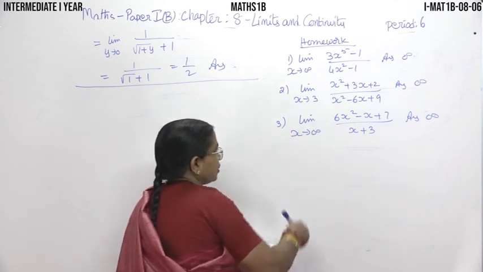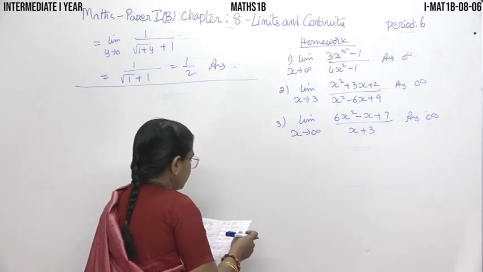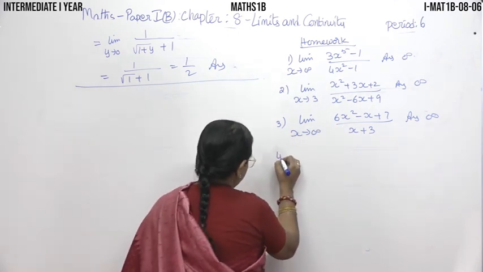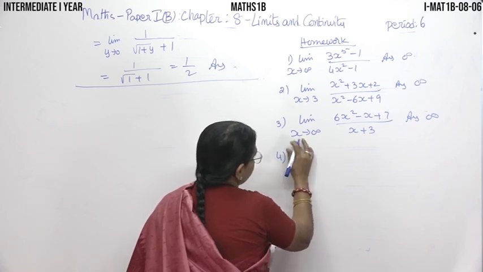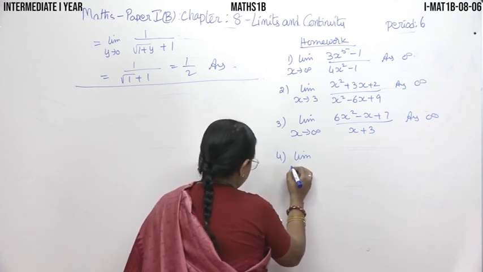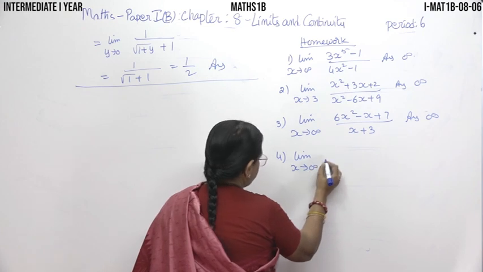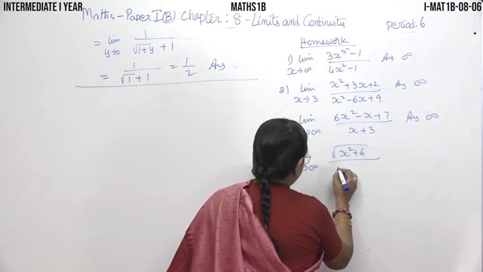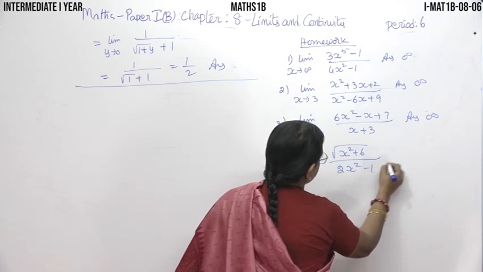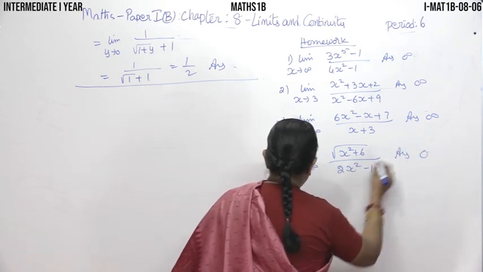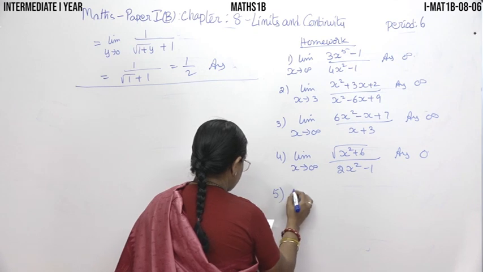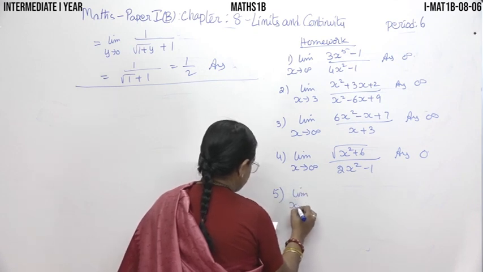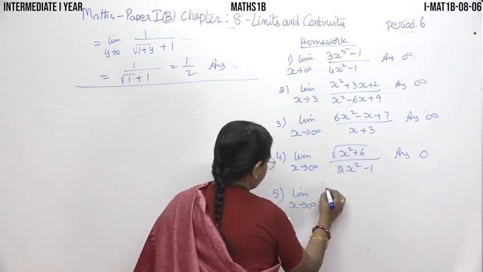You can take x common like that, or put x is equal to 1 by y. You will not have any doubt there. Whenever you have x tending to infinity, put x is equal to 1 by y and try. Root of x square plus 6 by 2x square minus 1. So here the answer is 0. Next, these are all very simple and easy problems. Limit x tending to infinity, and important problems.